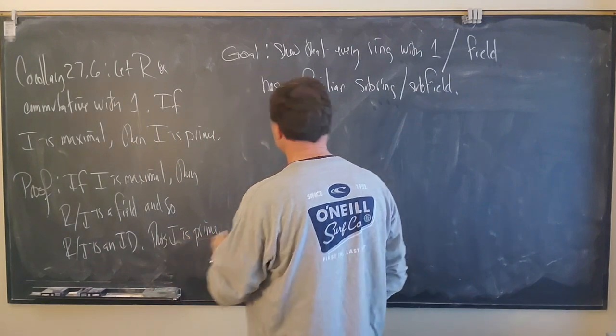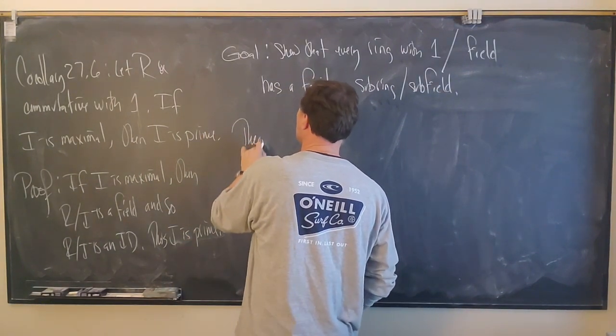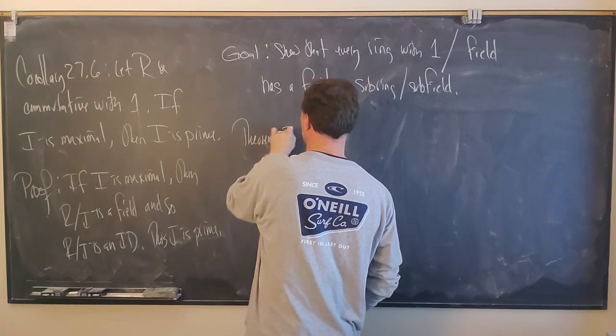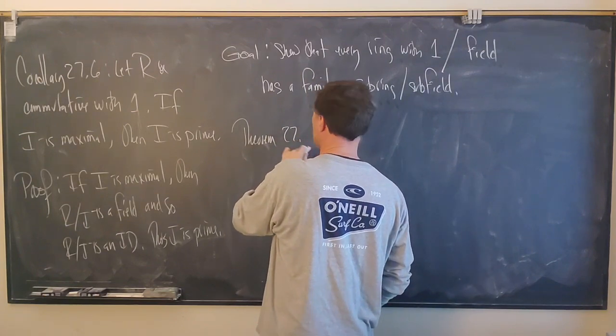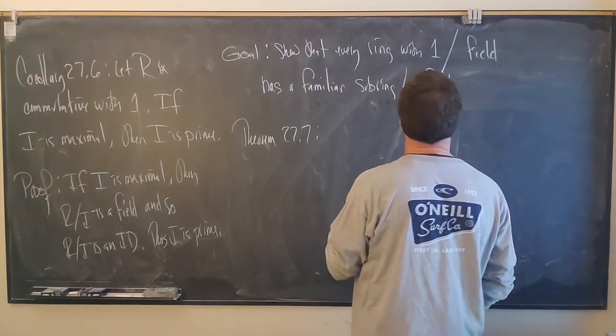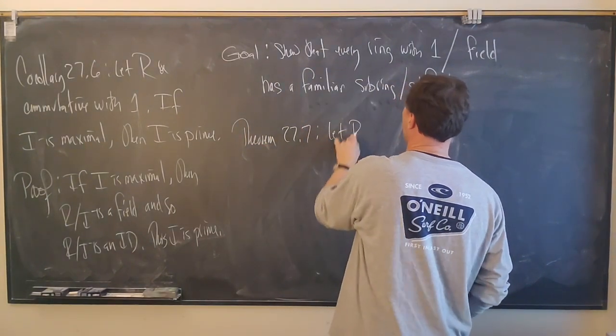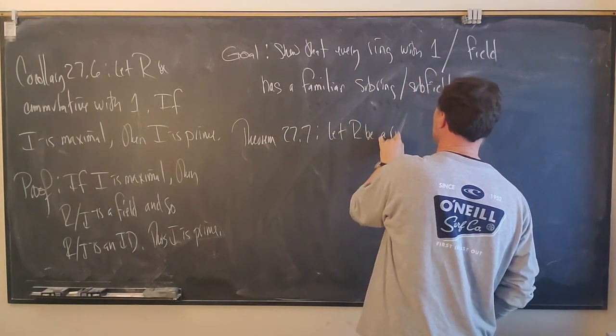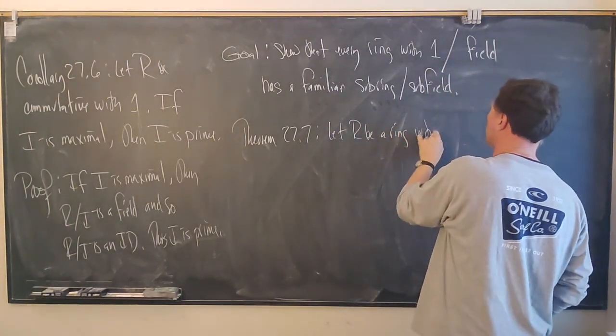And so we're going to need this fact right here. So let's say this is a theorem, Theorem 27.7. Let R be a ring with unity.